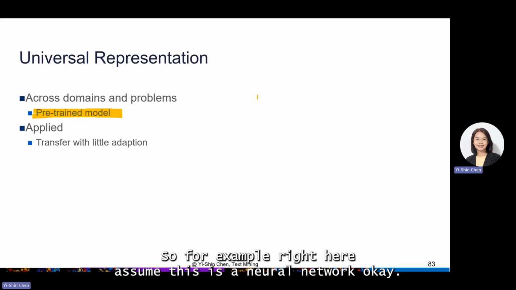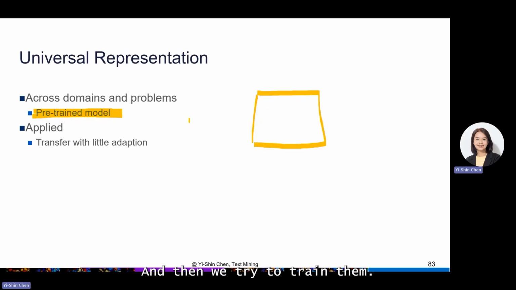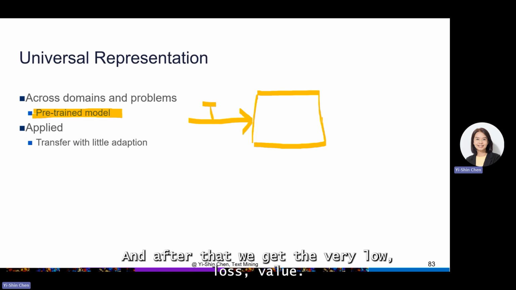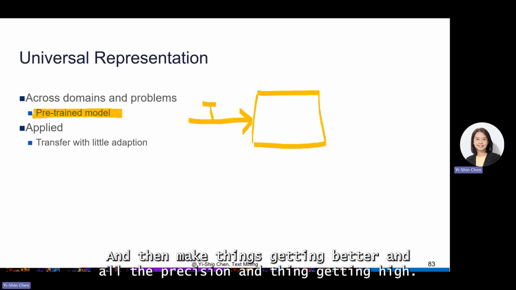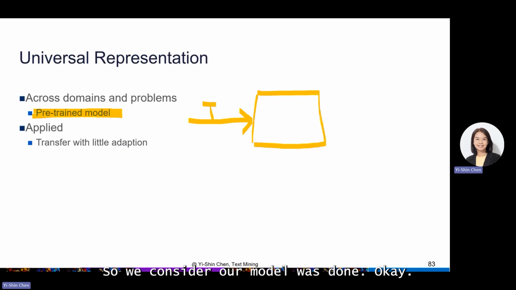For example, right here, assume this is a neural network, a huge neural network. And then we try to train it. And after that, we get a very low loss value, and things get better, and the precision gets high. So we consider our model done.